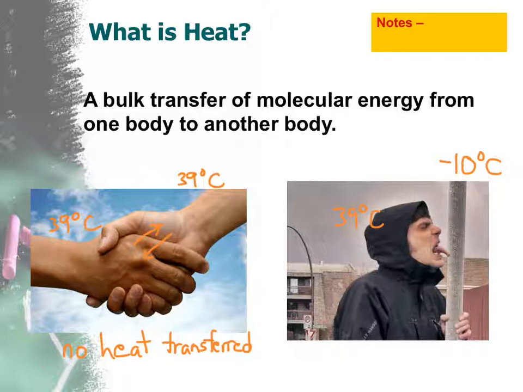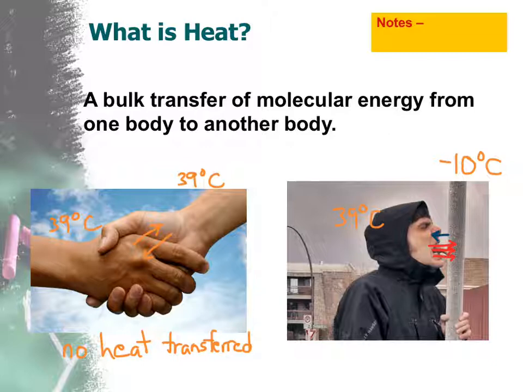And when this person's tongue comes into contact with the metal flagpole, this person's tongue on average has a lot more energy in the molecules, so there is much more energy being transferred from the tongue to the flagpole than there is going the other way. So on average, we would say that there is heat being transferred.